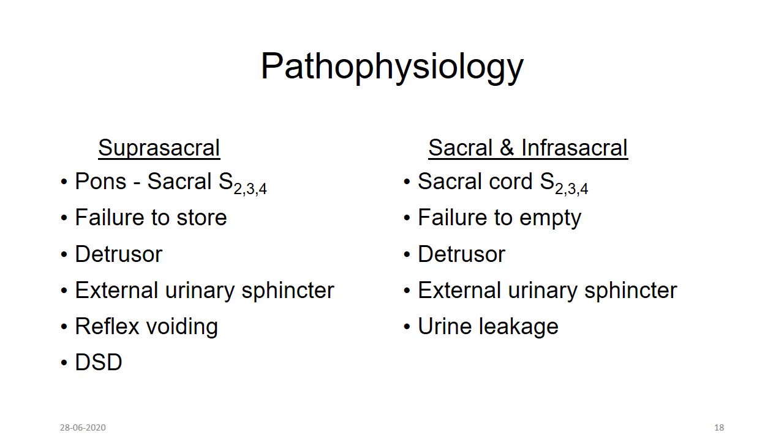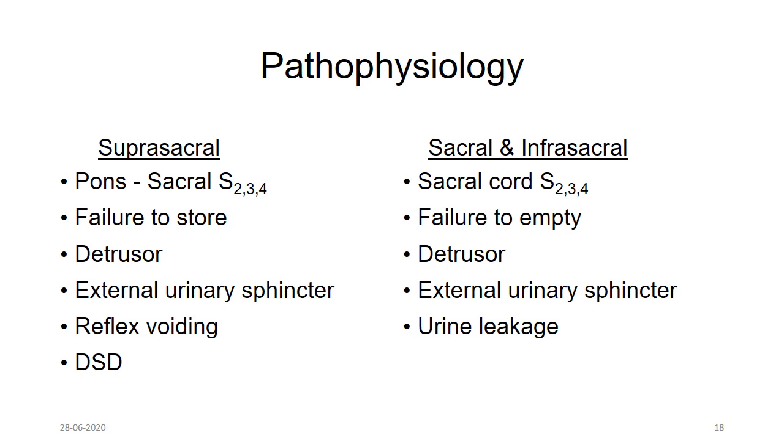In the suprasacral level lesion of the spinal cord injury, the lesion will be seen between the pons and the sacral cord above S2, S3, S4. Whereas in sacral and below level lesions, the lesion lies at the S2, S3 level or cauda equina.